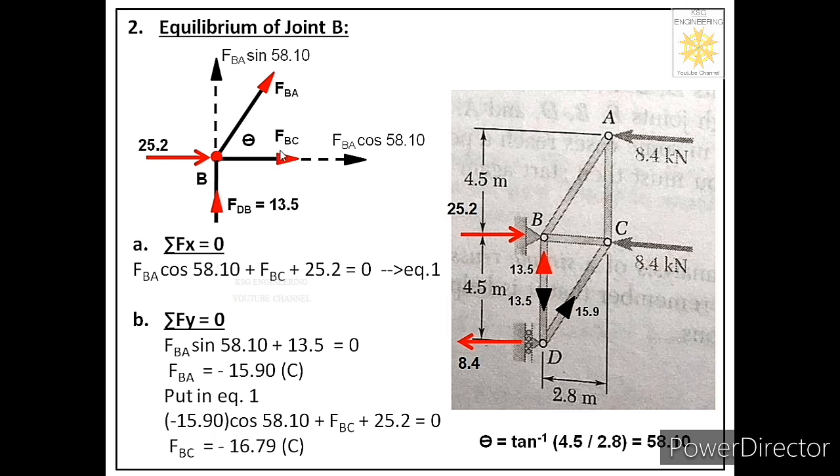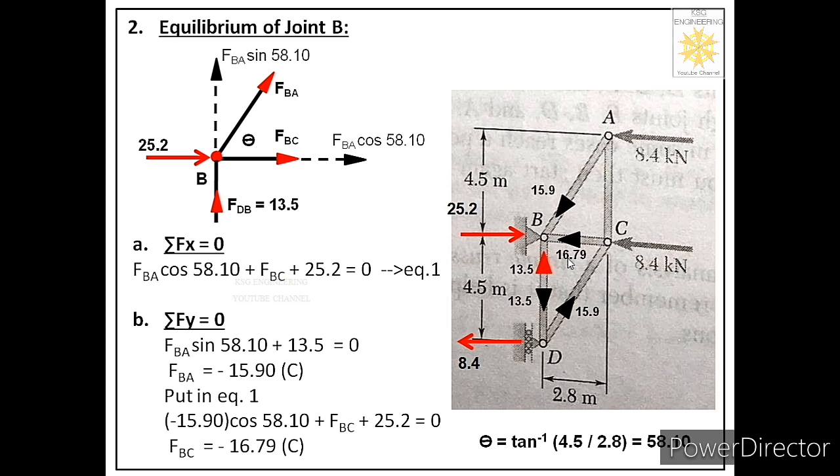That means FBC is also a compressive force, because initially we considered it as tensile, away from the joint, but we got a negative sign, so it is not a tensile force, it is acting towards the joint, so it is a compressive force. So from these two equations we have found that FBA is acting towards joint B and is a compressive force, and FBC is also acting towards joint B and is also a compressive force.